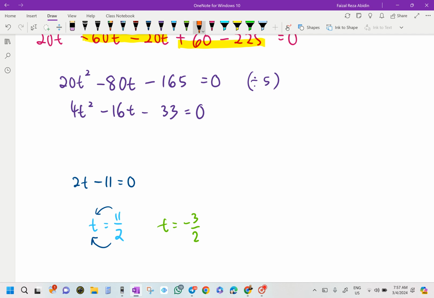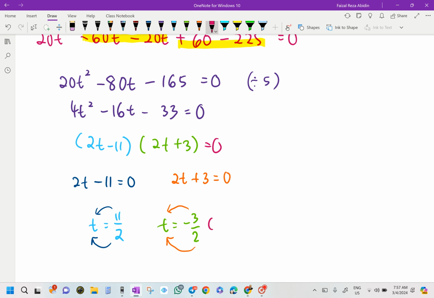This one also, bring to the left, you get 2t plus 3 equals 0. For our factorization, you get 2t minus 11 and 2t plus 3. You have to show this first. So you can ignore this one, because can our time be negative? Cannot. So you take t as 11/2.